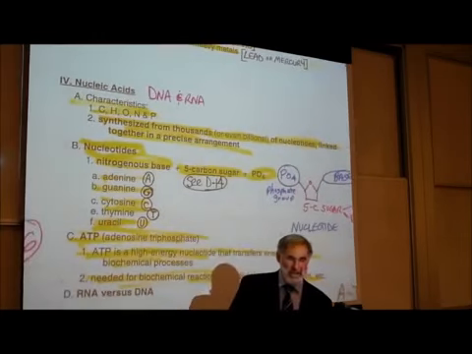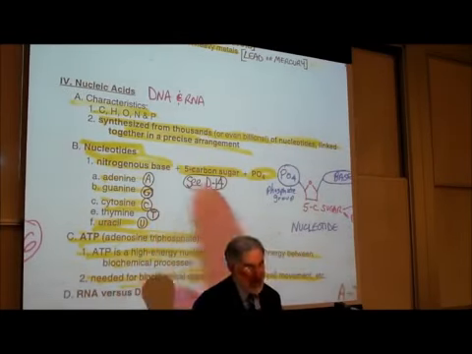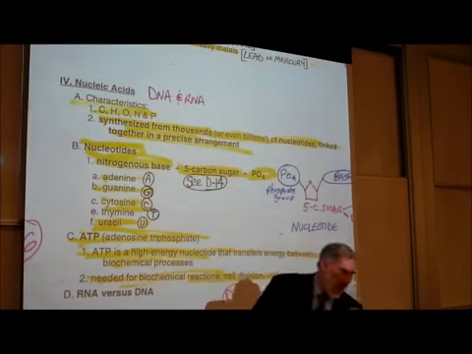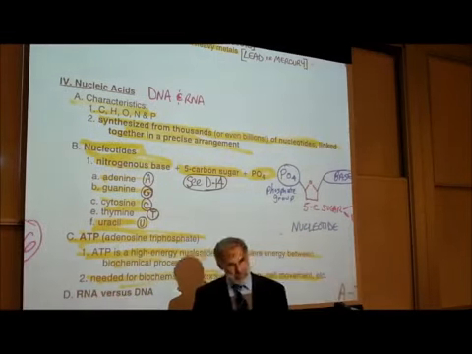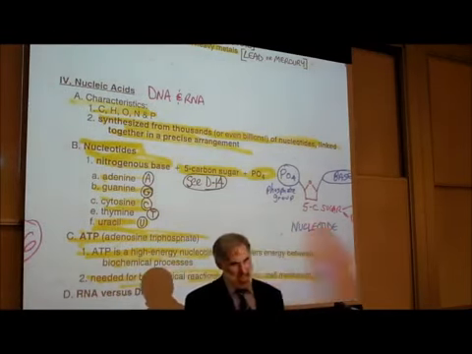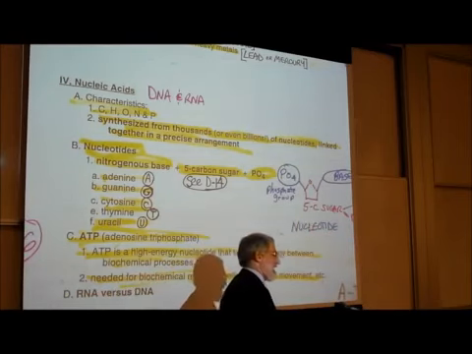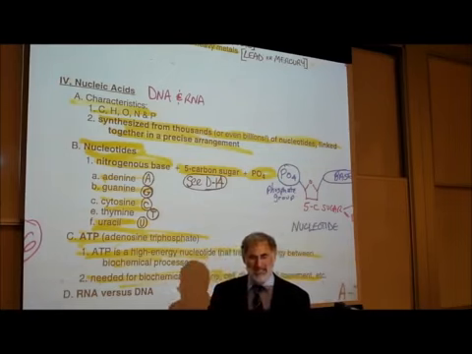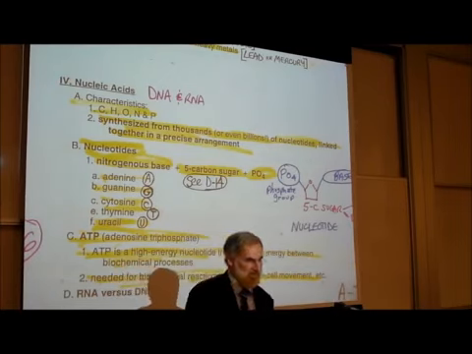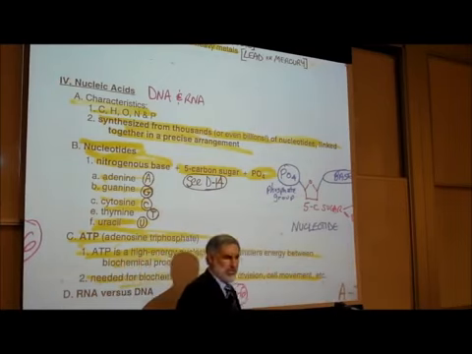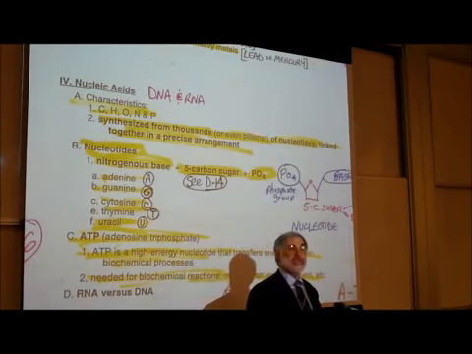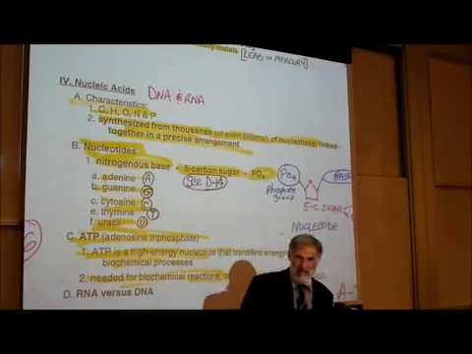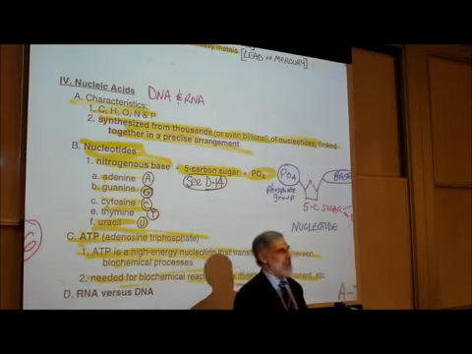Now, these nucleic acids, DNA and RNA, are actually made from thousands or even billions of nucleotides linked together in a precise arrangement. This definition of nucleic acids reminds us of the definition of proteins. We had said that proteins were synthesized from hundreds of amino acids linked together in a precise arrangement.